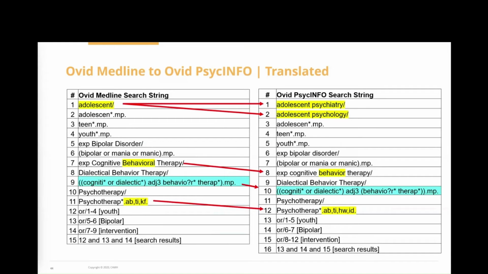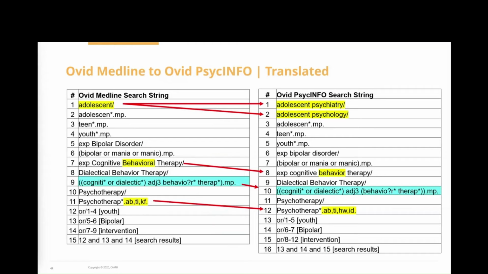Here's an example of translated Medline to PsycINFO search. To recap, when you search PsycINFO for a subject term for adolescent, you won't find an identical subject heading. Instead, you'll need to choose which is most relevant. In this case, we chose adolescent psychiatry and adolescent psychology.